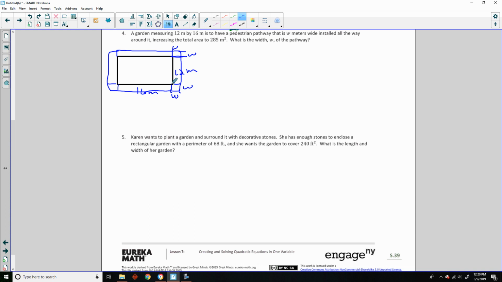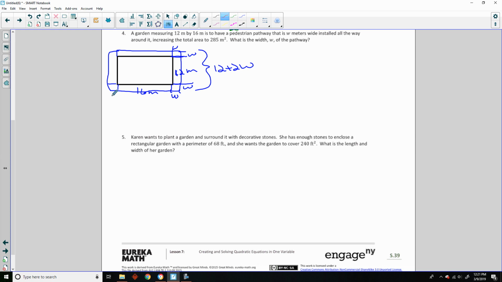So let's look at this 12 meters from here to here. If I'm adding a W here and a W here, that's 2W. This was 12 meters, so now this whole thing is 12 plus 2W.